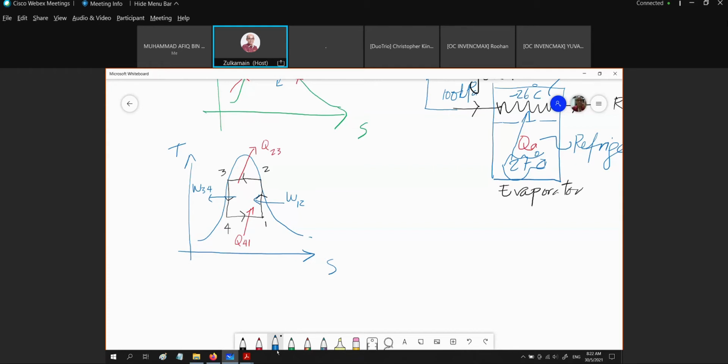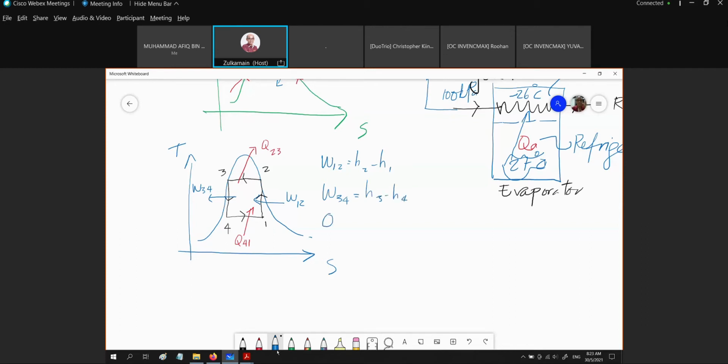From the SFEE, the steady flow energy equation, we could write the work and heat for every process. As usual, W12 is equal to H2 minus H1, and W34 is equal to H3 minus H4.